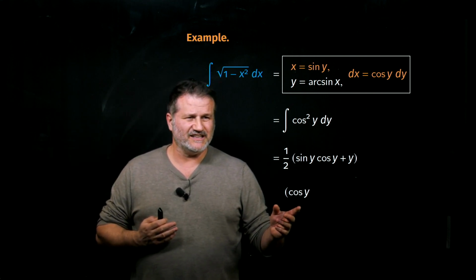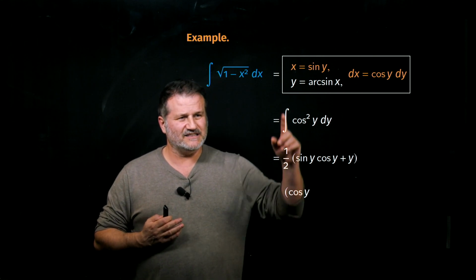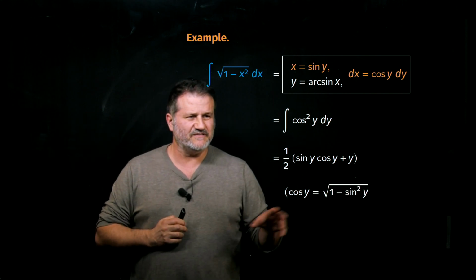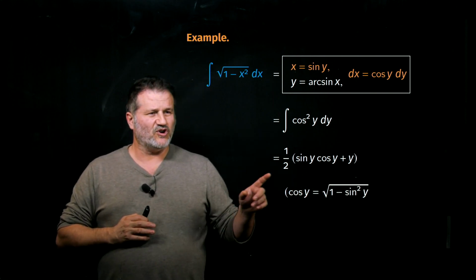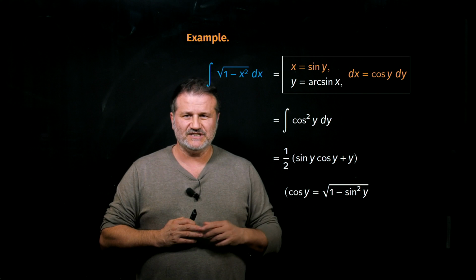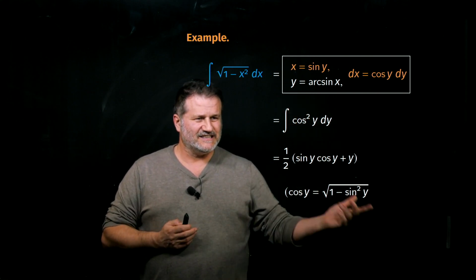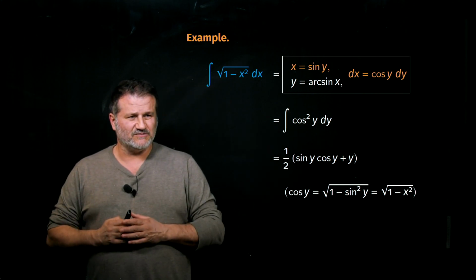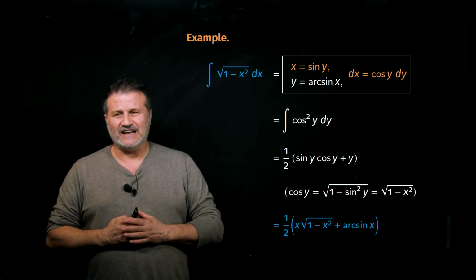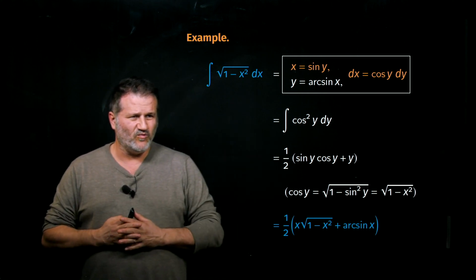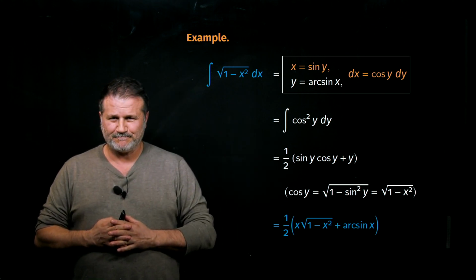And since cos here is positive, remember y is the arcsine, so between minus pi half and pi half, so cosine is positive. This is the positive root. So cos y is the root of 1 minus sine squared. And since sine y is x, this is the root of 1 minus x squared. And this finishes the calculation of the primitive of the root of 1 minus x squared.